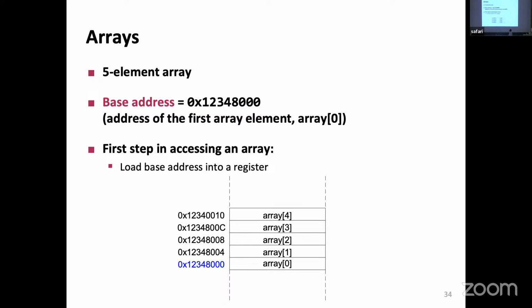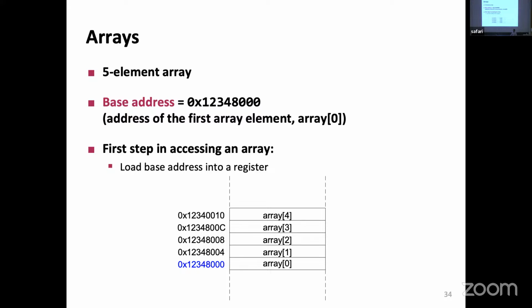So let's use a very, very simple array. We only have 5 elements in this array because the slide is only that large. And we have a base address, and in our case, the base address is 12348000. The first element, if it's a 32-bit value, is at this address. The next one, array 1, is here, array 2 is here, array 3 is here, array 4 is here.